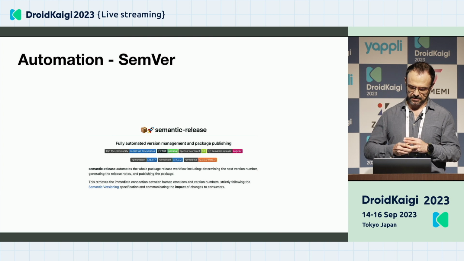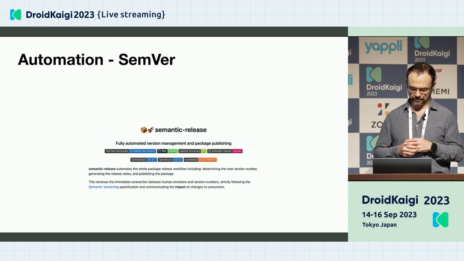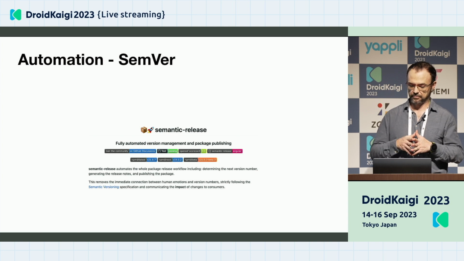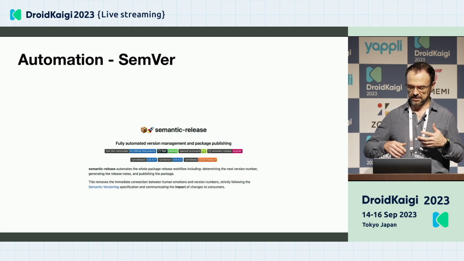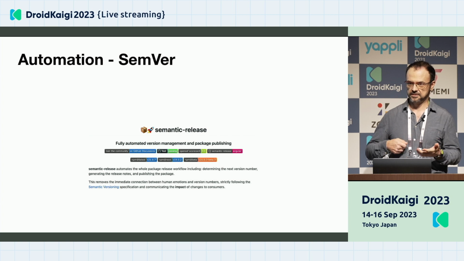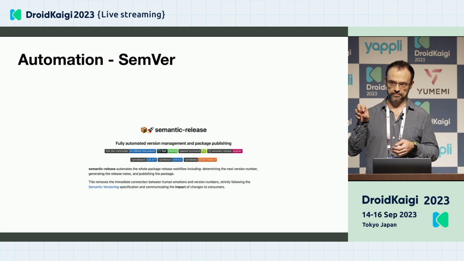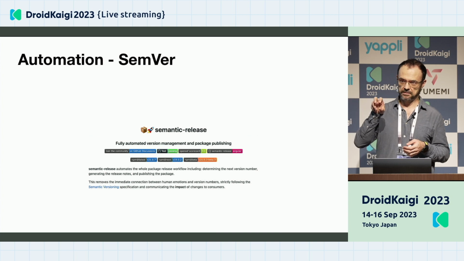Now, semantic versioning. There is a bot called Semantic Release that allows you to have automated version management and package publishing following the semantic versioning approach. Based on the things that you're including, like fixes, new features, chores, documentation, Semantic Release will take care of increasing your version number, the minor one, the major one, a bump.